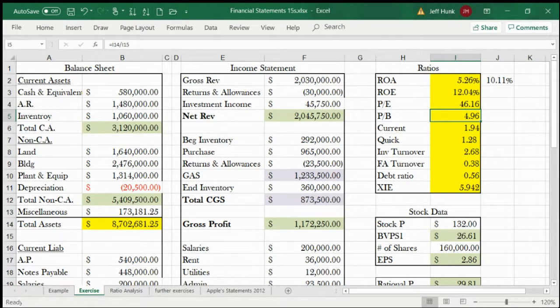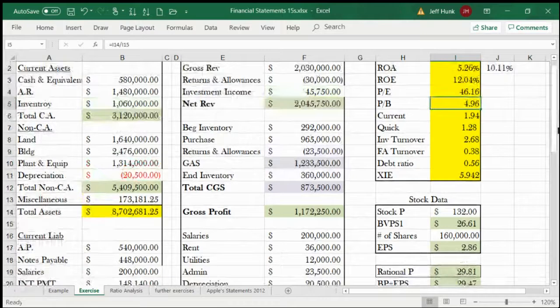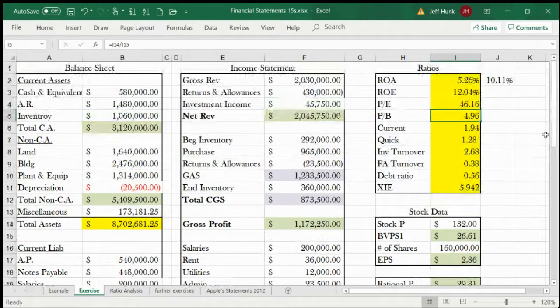Okay, so that completes our exercise of the ratio analysis. This was rather a brief segment, because it should have been incorporated into the previous segment, but the previous segment ran more than an hour, so this had to be split off into its own separate segment.